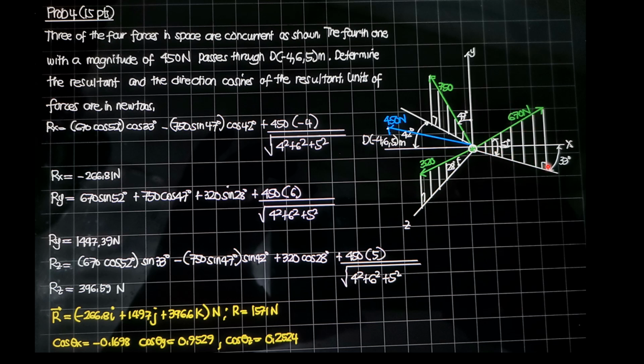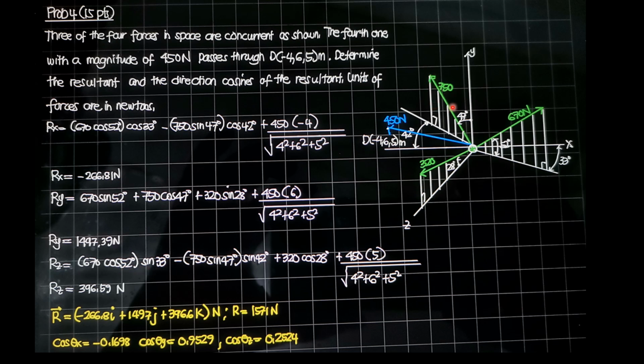Again, remember this is 670 times cosine 52. Then we multiply it further by sine of 33 because the z component is in this direction, opposite to 33 degrees. So it is 670 cosine of 52, this component of the force, times sine of 33.